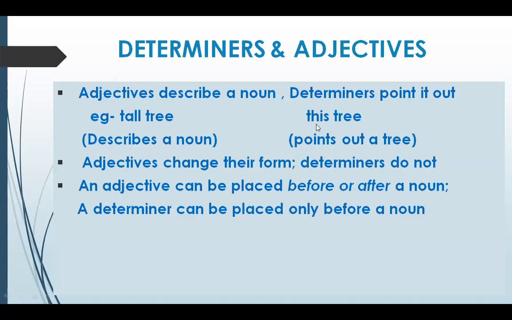So you cannot say this is a tree, because when you say this is a tree, this here is acting as a pronoun. At that time, the word this is not a determiner. So to be a determiner, a noun should follow right after the word which is acting as a determiner. So this tree, right? So this way, a determiner can only be placed before a noun.